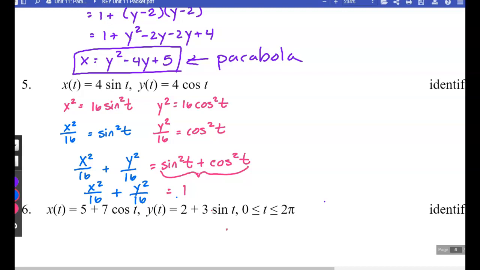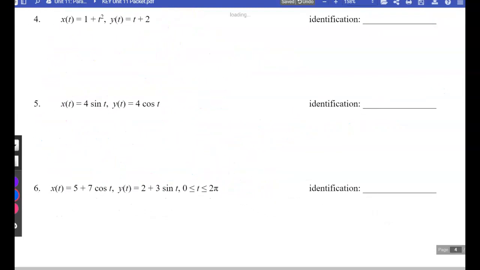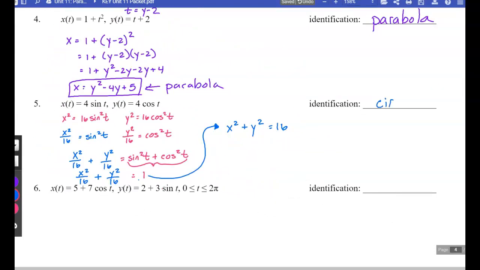Technically, the coefficients here are 1/16 and 1/16, but you could also just multiply everything by 16, and the actual equation here is x squared plus y squared equals 16. Because remember, for a circle, it doesn't have to be set equal to 1. In fact, most time it's not. It's set equal to the radius squared. So here, we identify this as a circle.